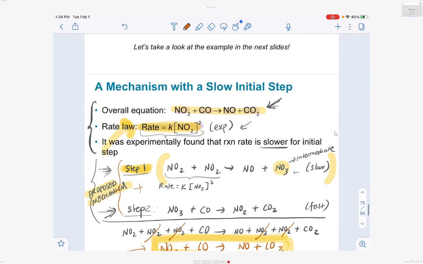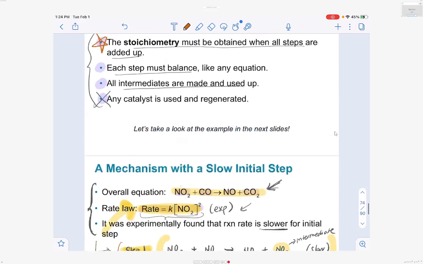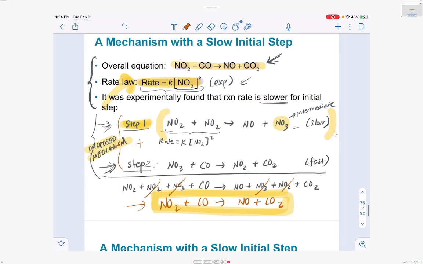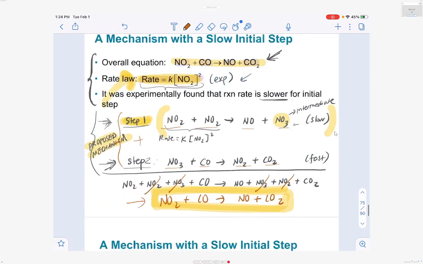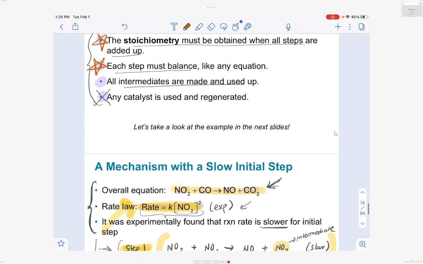Okay, let's check another criterion. It says each step must balance like an equation. Each step is balanced, right? All the steps are balanced. So this is checked off. All intermediates are made and used up. The intermediate NO3 made was used up. So checked.